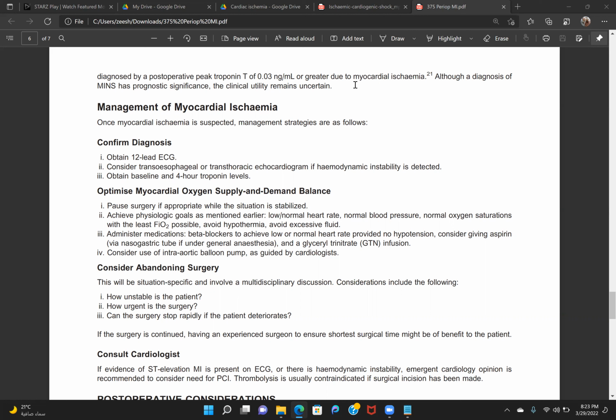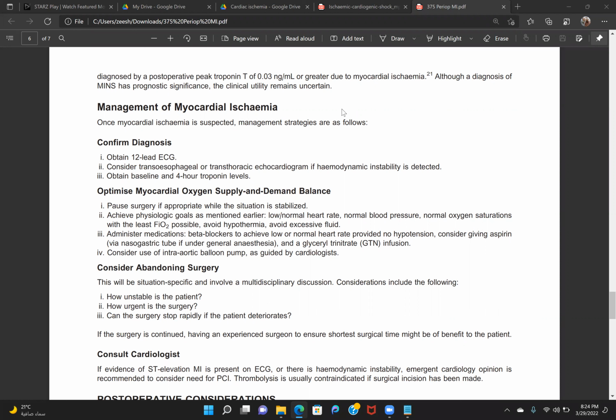First of all, we look for which MI wall is involved, and according to that we plan our treatment to normalize the blood pressure and give inotropic support according to the situation. Can anyone improve this answer?